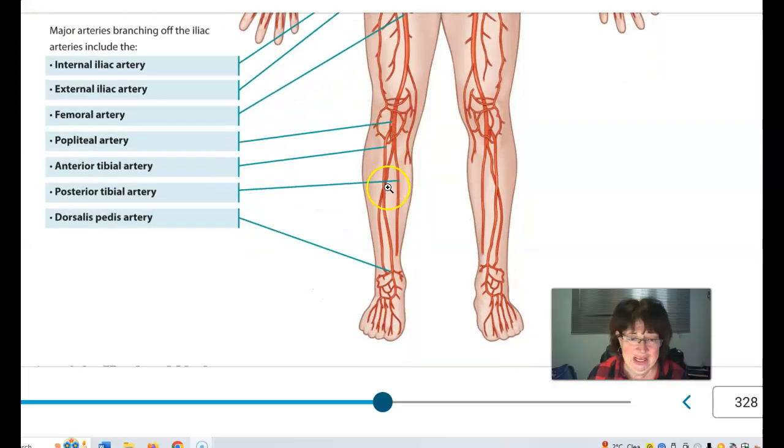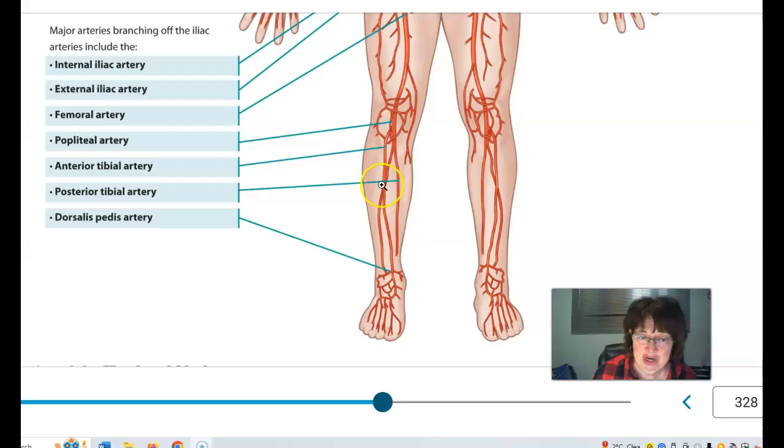Then the tibia has one on the front called anterior, and on the back is posterior. There is a loop down by the foot. Dorsal means back, pedis is foot, so it's the back of the foot artery. Now, one of the vocabulary words we'll talk about later is anastomosis. And anastomosis is sort of a loop of blood giving more than one direction for the blood to flow.